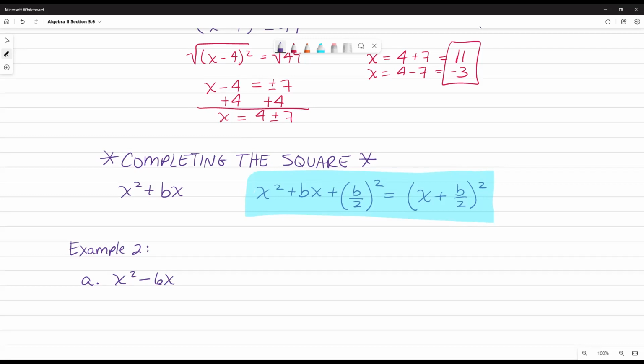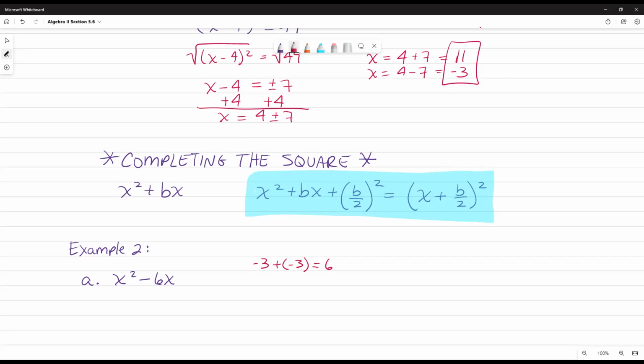Now, this one is fairly simple because you have to look at that b term and ask what plus what equals -6. It's the same number: -3 plus -3 equals -6.